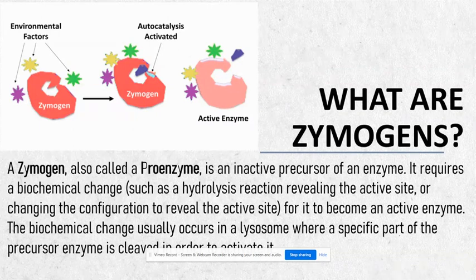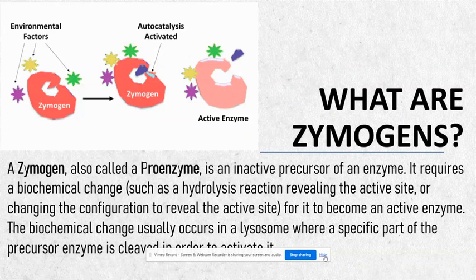And for an enzyme to be active, it needs to undergo some biochemical changes, such as hydrolysis, to reveal the active site, or by changing the conformation, or to remove the inhibitory part to reveal the active site. And it's only when this is done that the enzyme becomes active.